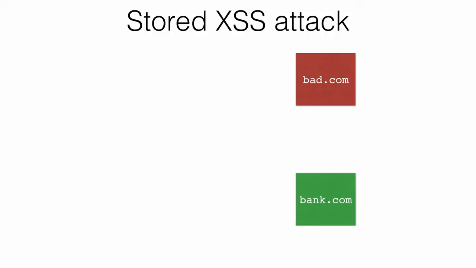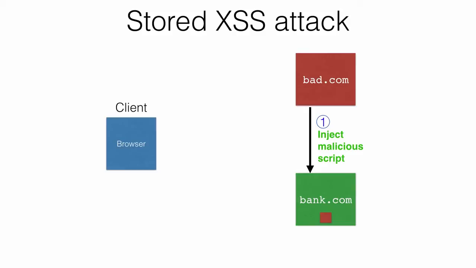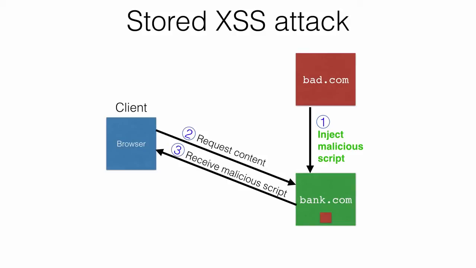First, we have the bad website, bad.com, and we have the vulnerable website, bank.com. Step 1, bad.com injects a malicious script to the bank.com website. Second, a client connects to the bank.com site, and bank.com unwittingly sends the malicious script along with its content back to the client's browser.